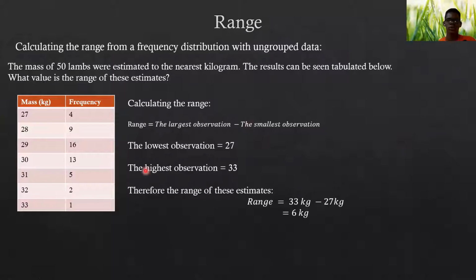The formula, just know that is for grouped data, not ungrouped, and that's when we look at upper and lower boundaries. Be careful. That was a mistake on my part just now. Apologies. Before I move off, this is it concerning range. It's as simple as that.